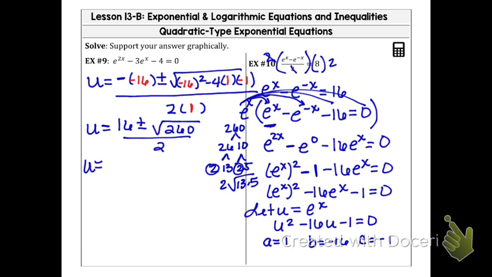So I end up with u is equal to 16 plus or minus 2 square root of 65 all over 2, which reduces. My 16, my 2, and my 2 are all divisible by 2, so it gives me 8 plus or minus the square root of 65.